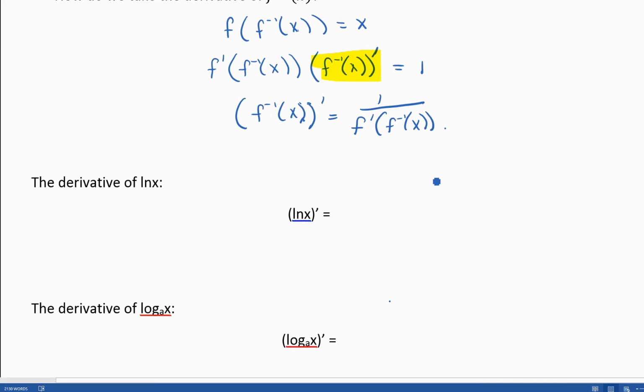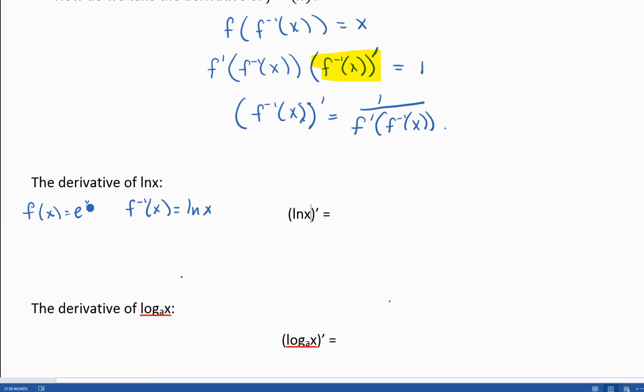Now, this will help us find the derivative of the natural log and log of any base. So if we think of the natural log of x as our inverse function, well, it's inverse to e to the x.